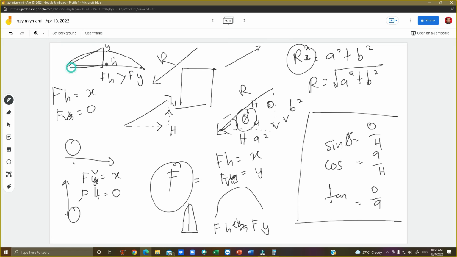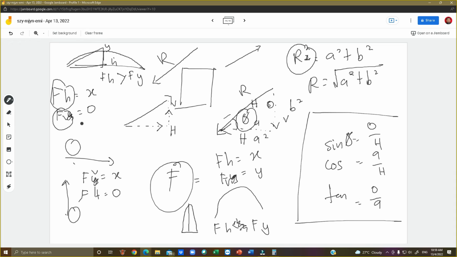Okay, this is resultant. Or sometimes you're going to hear the term diagonal. So it is angle. The movement is in angle, not in the straight line. Yet it still involve FH, FV. It still involve vertical and horizontal. So the resultant will always be the same as the force being given.